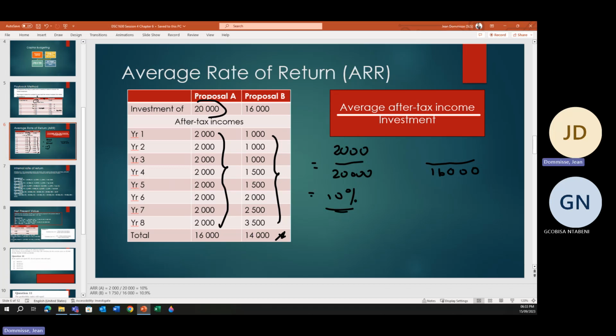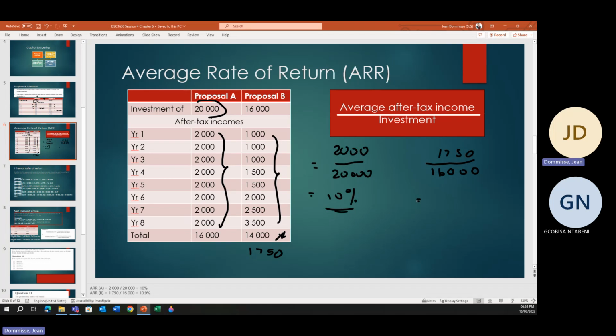So 14,000 divided by 8 would have given us a monthly average or a yearly average of 1,750. So 1,750 will be our average after-tax income divided by the investment of 16,000.